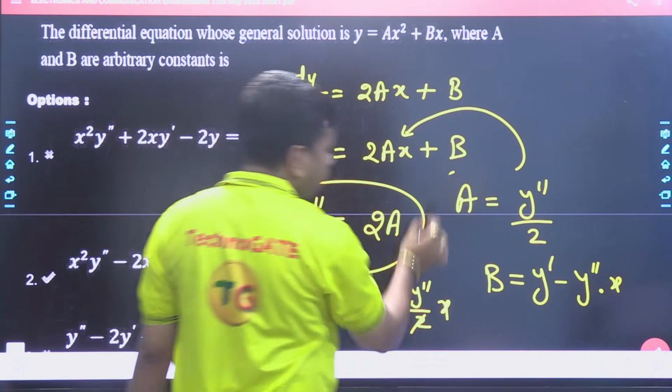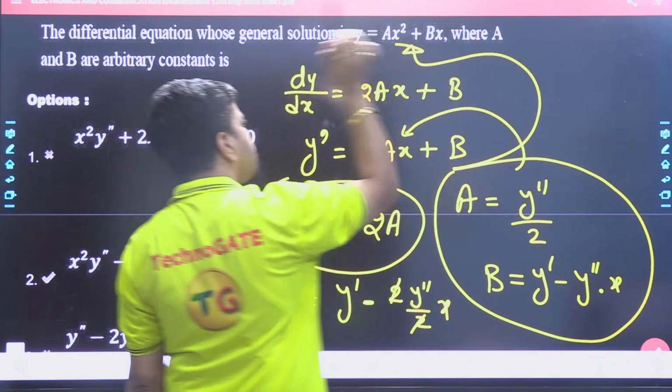Now can we put both values in this particular equation?